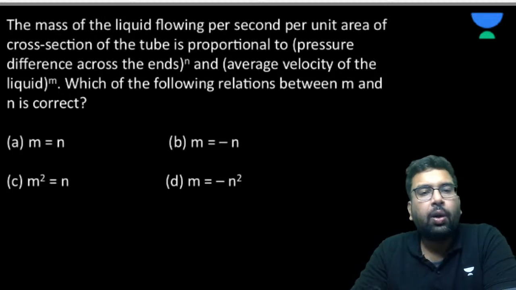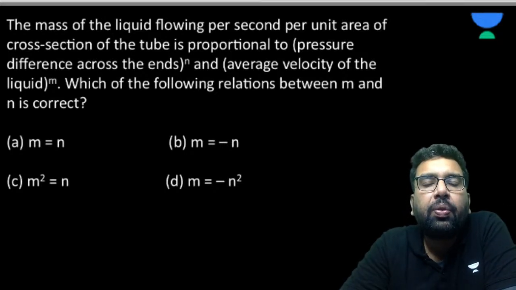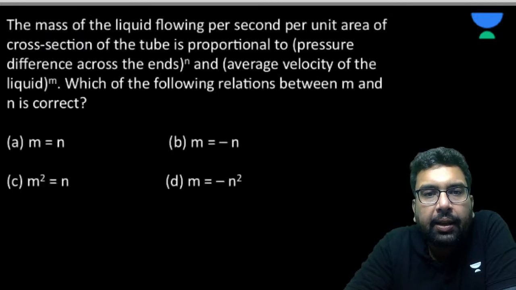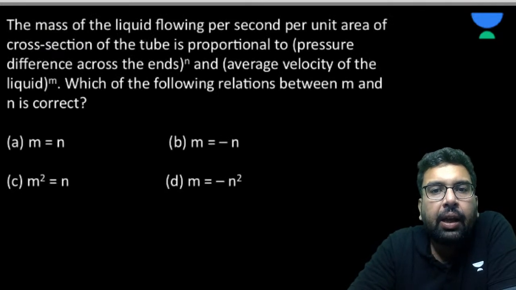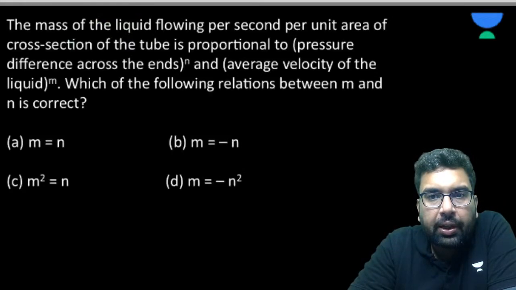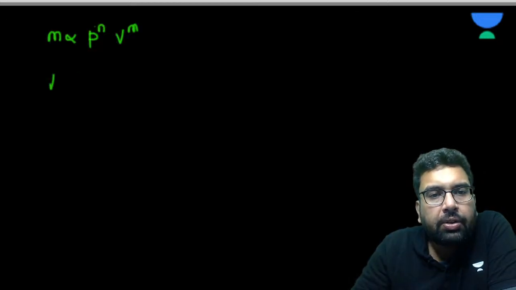Okay, wonderful. Let me do it very simply. It says that the mass of the liquid flowing per second per unit area of cross section of the tube is proportional to pressure difference and average velocity. So mass is proportional to pressure to the power n, and velocity to the power m. We can do the dimensional balancing.